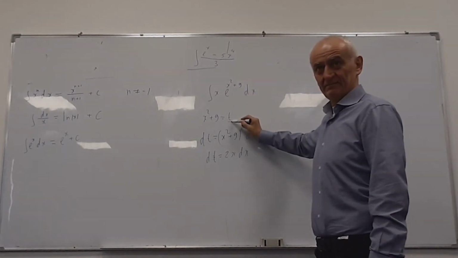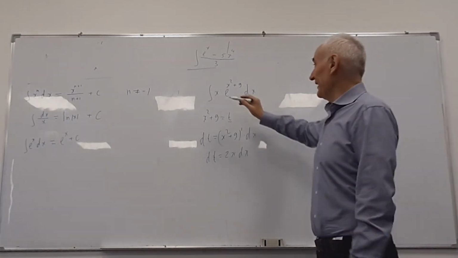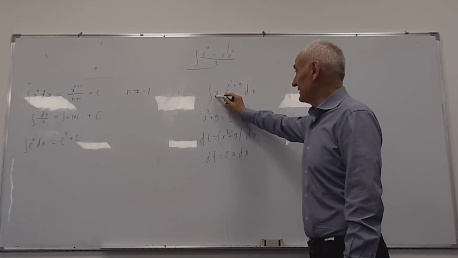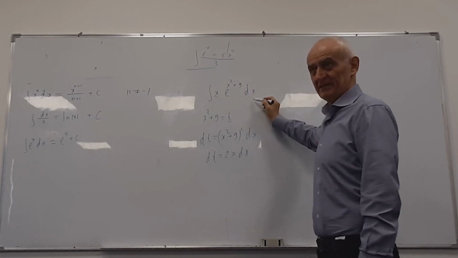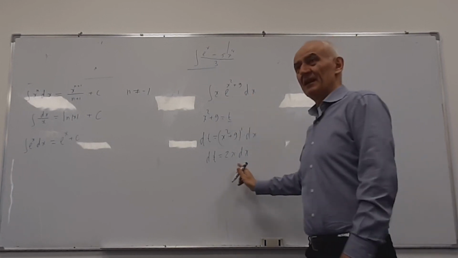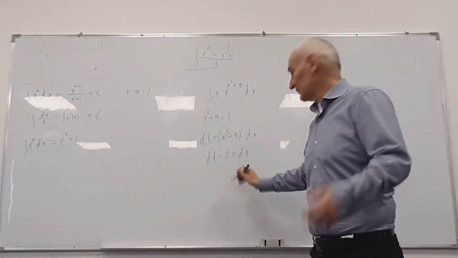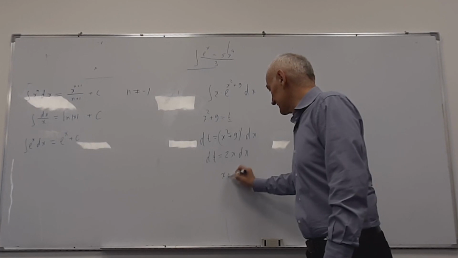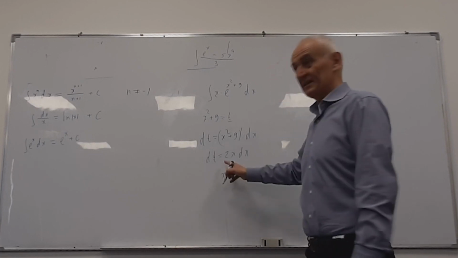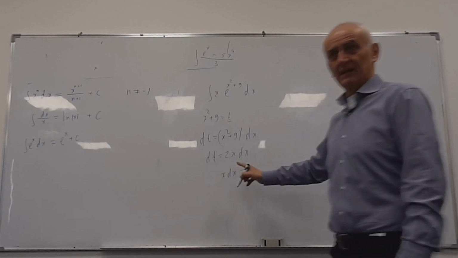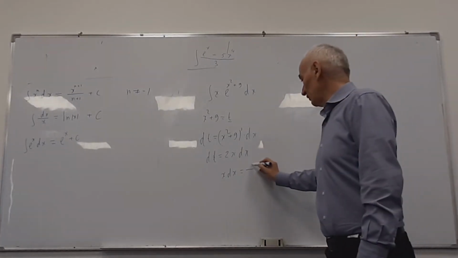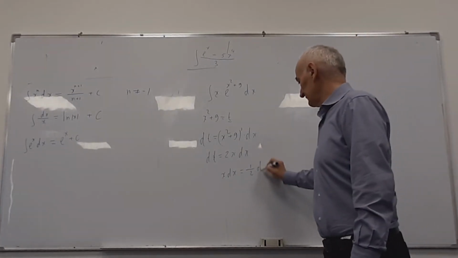So I know now what I will plug in instead of x squared plus 9. It's t. Also, I know what I will plug in instead of x dx. What is x dx here? I can solve it for dx, but I think it's better to solve for x dx. From here, x dx is dt over 2, 1 over 2 dt.